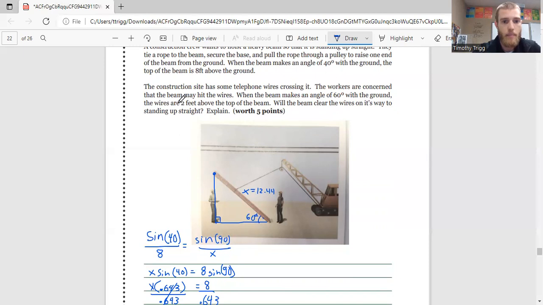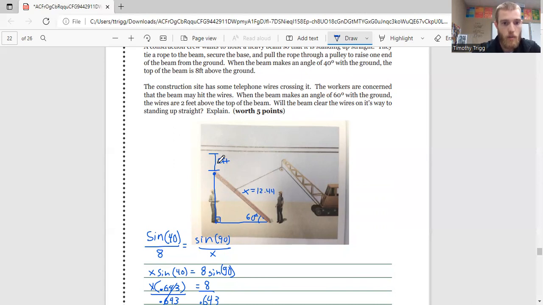And then it says, when this is the case, the wires are 2 feet above the top of the beam.